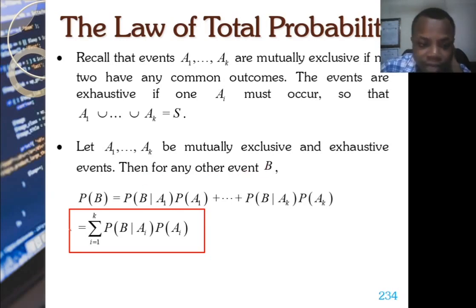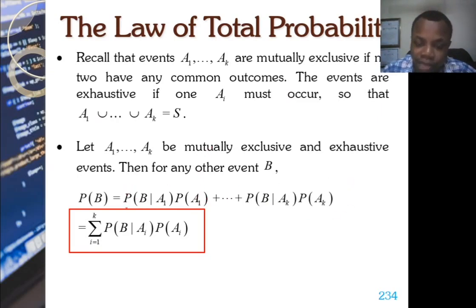we have the probability of B is equal to the probability of B given A1 times the probability of A1. This is going to continue until it gets to the last case. So there's going to be a sequence of these conditional probabilities times those of their single events.